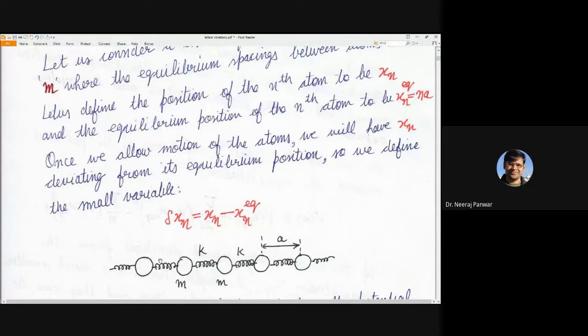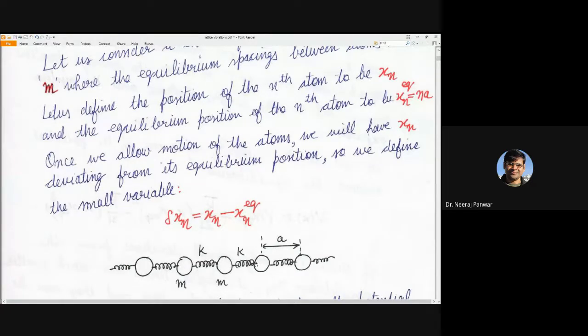So this is the kind of arrangement we have shown here. We have a one-dimensional chain of atoms in which the atoms are held together with the help of springs, and the interatomic distance is a. So we consider any atom, the nth atom, and we will consider that it interacts only with its nearest neighbors. So the nth atom is going to interact with the (n+1)th atom, and with the (n-1)th atom.